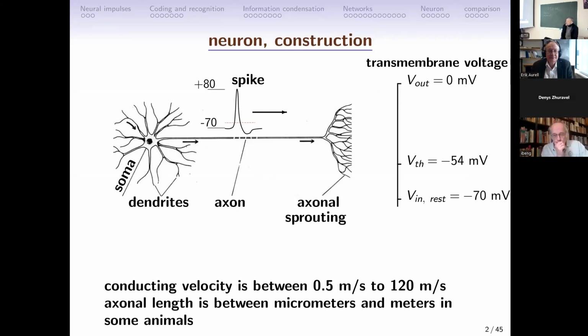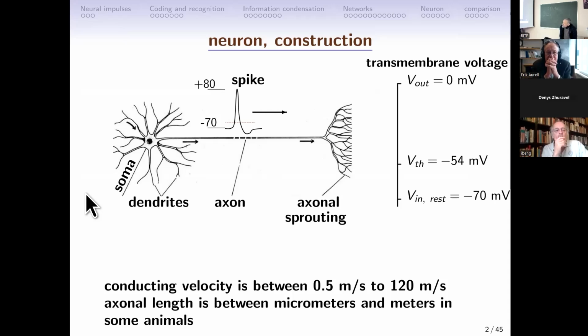Here is a schematic picture of a biological neuron. It is a normal living cell which has its body, known as soma, dendrites, and axon. Through the dendrites, the neuron gets stimulation from other neurons.